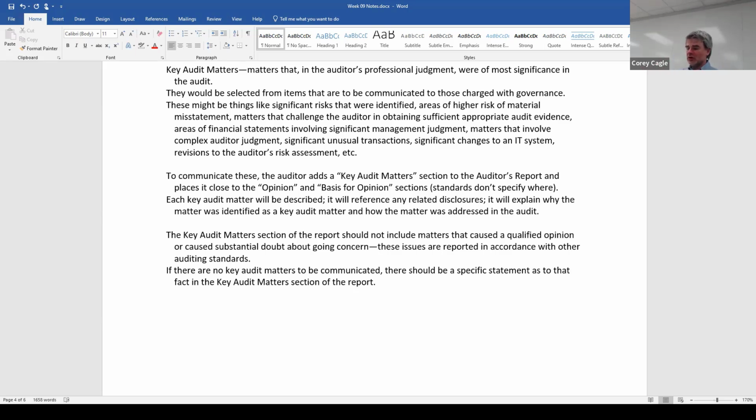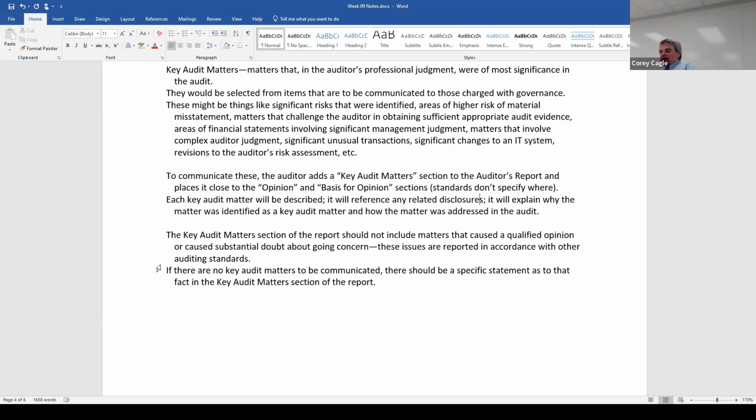Pretty straightforward. Here are a few little tidbits that are good for test questions. They love testing things like this. So in this key audit matters section of the report, you would not include any key audit matters that caused a qualified opinion or caused substantial doubt about going concern, because you'll highlight those things elsewhere. Makes sense, right?